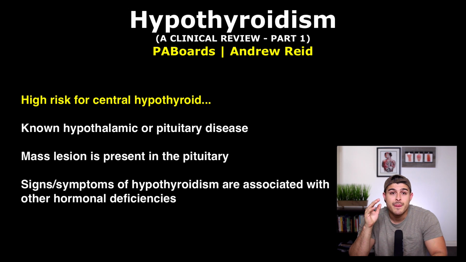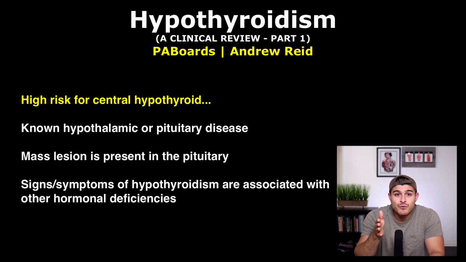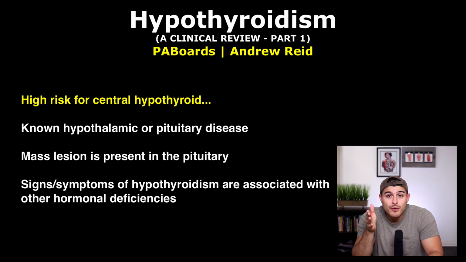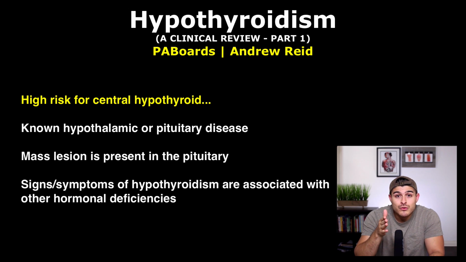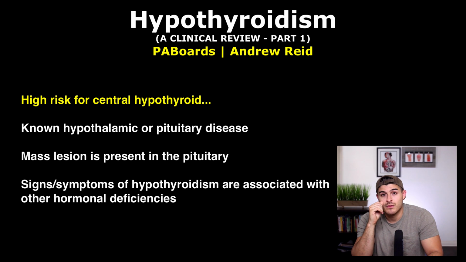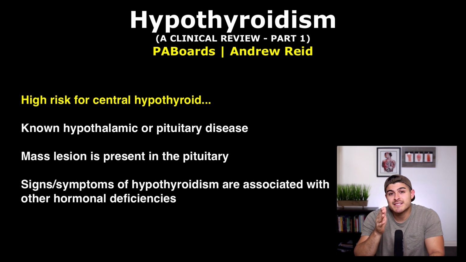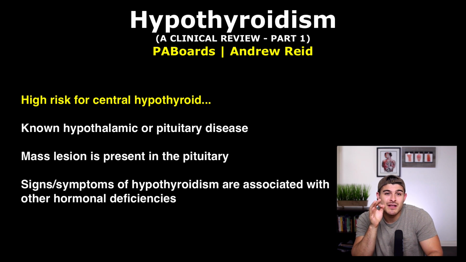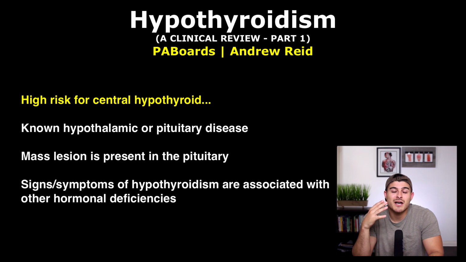A couple of other ways this might present: we have a free T4 that may be low normal with a low normal TSH. The TSH may occasionally be slightly elevated because we have biologically inactive secretion of TSH. So the diagnosis of central hypothyroidism might be a little bit tricky in some patients.